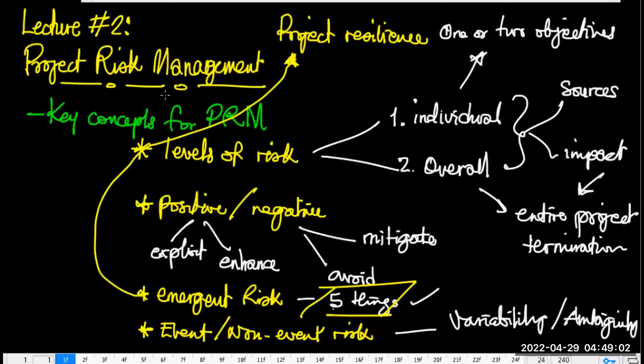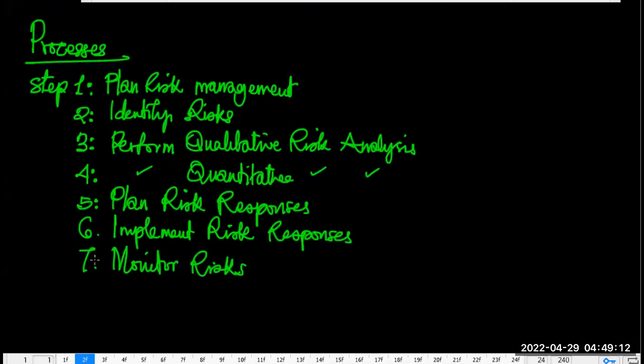This was a recap of the first lecture where we discussed some key concepts in risk management. Before moving to the processes, there were 7 processes. Out of the 7 processes, we had to pick the first one. I think we had completed the first one.